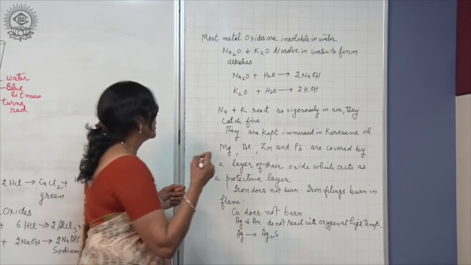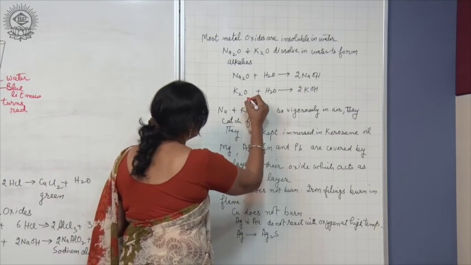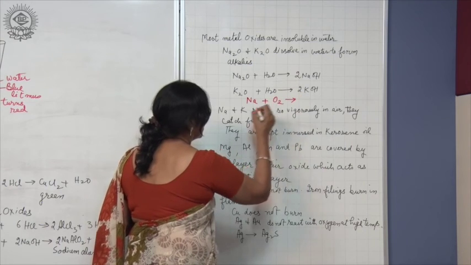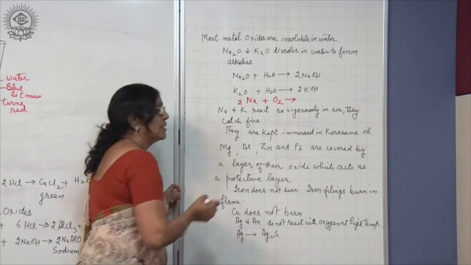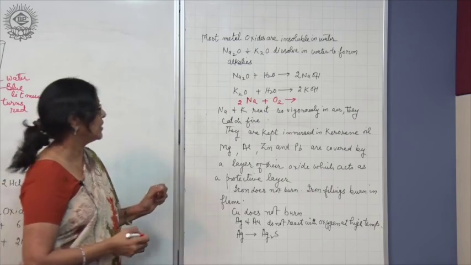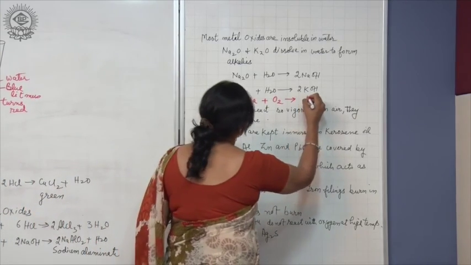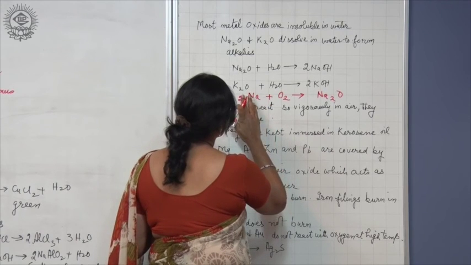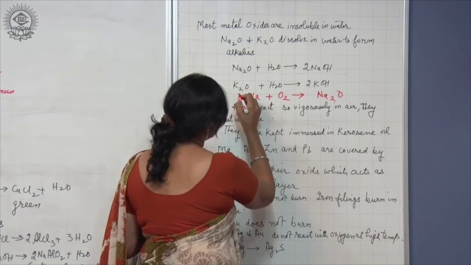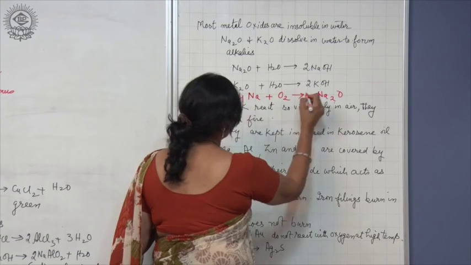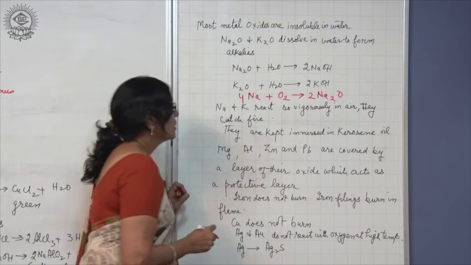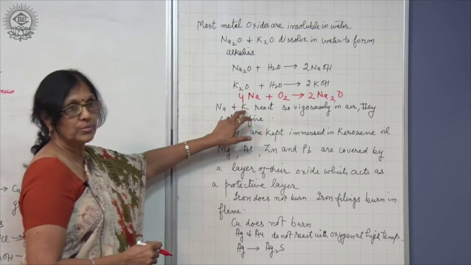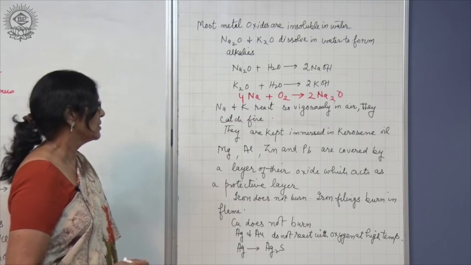Also, you must know that there is no need to heat sodium. It vigorously reacts with the oxygen present in air, because sodium as well as potassium react vigorously in air.